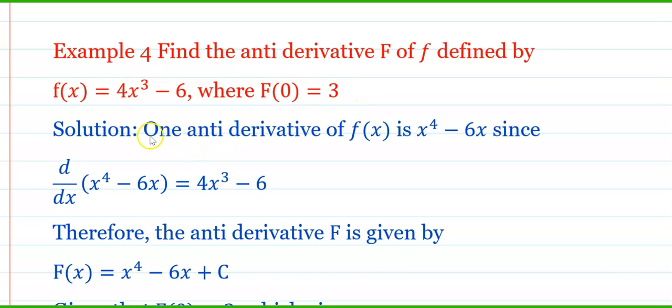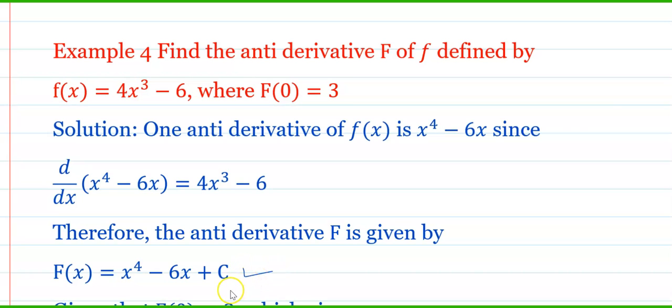Now the antiderivative of f of x is x raised to 4 minus 6x, since d/dx of x raised to 4 minus 6x equals 4x cube minus 6.